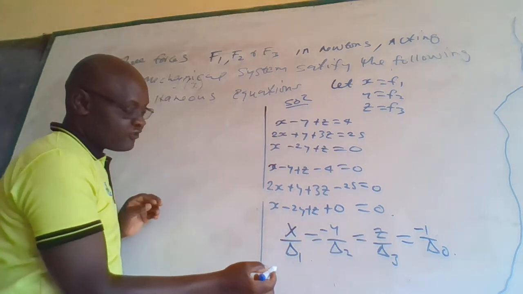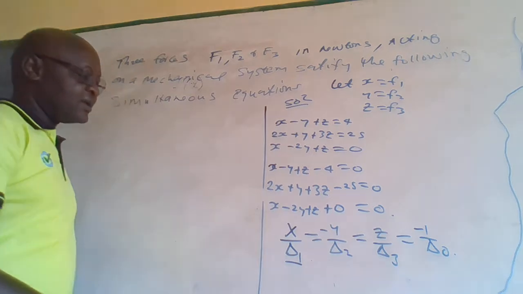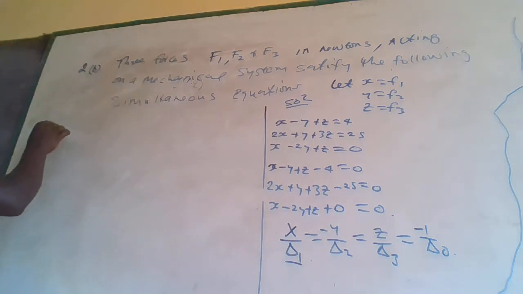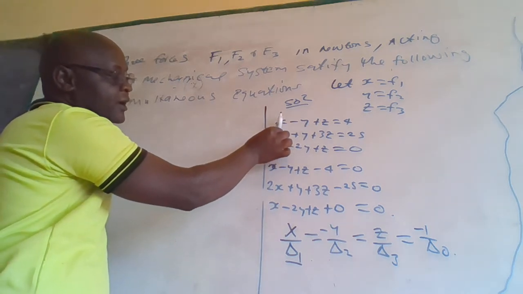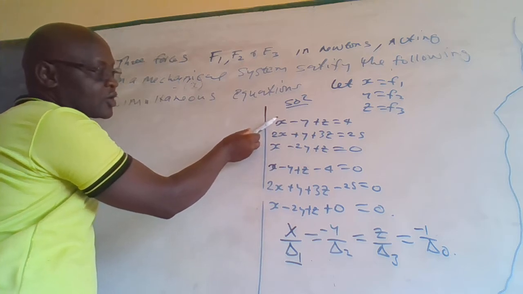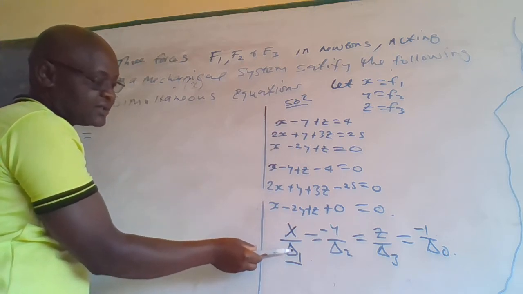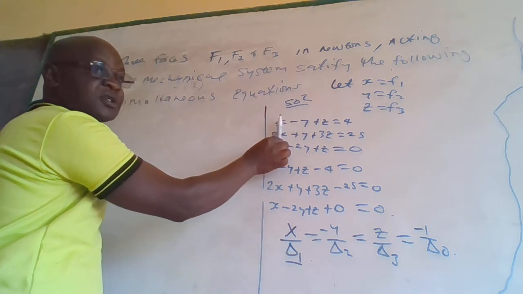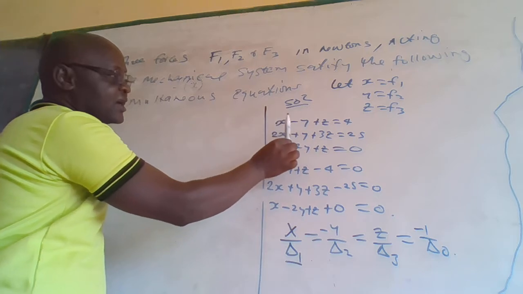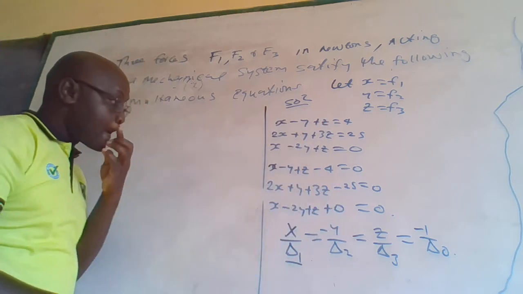Okay, now for us to get del 1, we plug in the coefficients, omitting the coefficients of X. So for del 1, we avoid the coefficients of X and write the other coefficients.